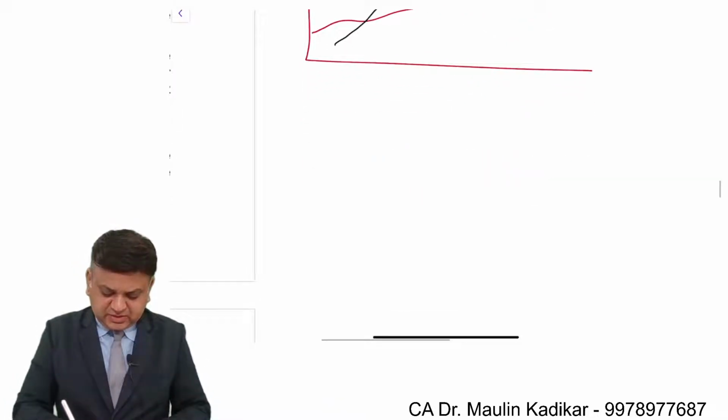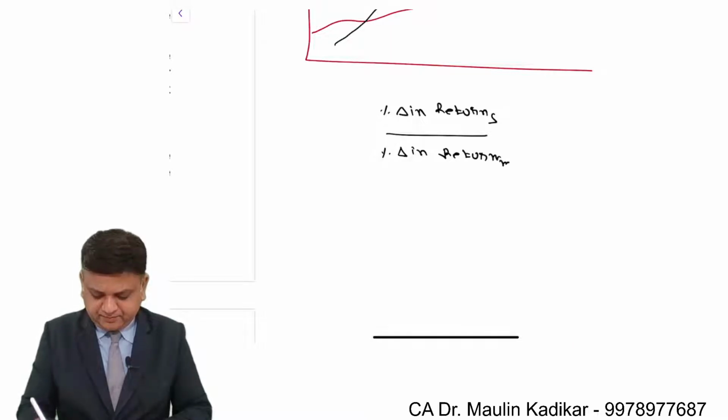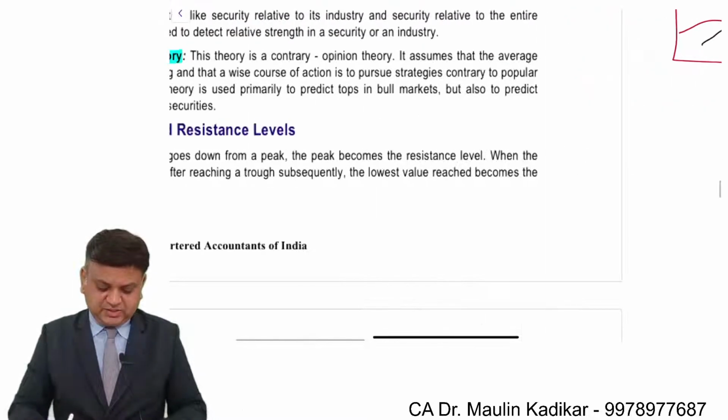As far as the relative strength is concerned, it is calculated as the percentage change in return of the security divided by the percentage change in return of the market. This is the way the relative strength is calculated.